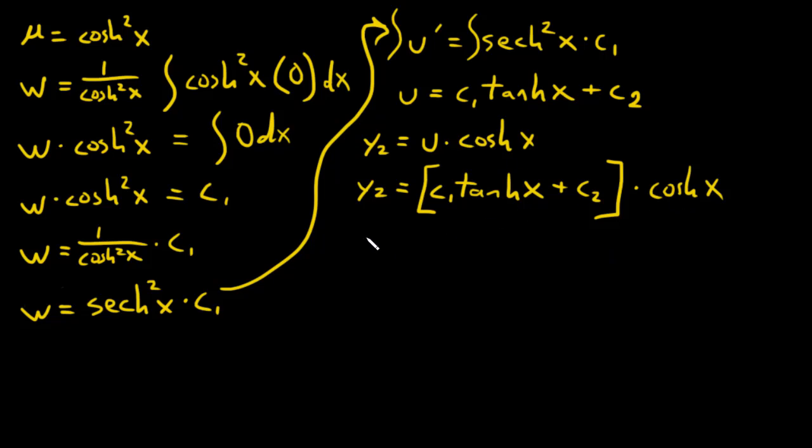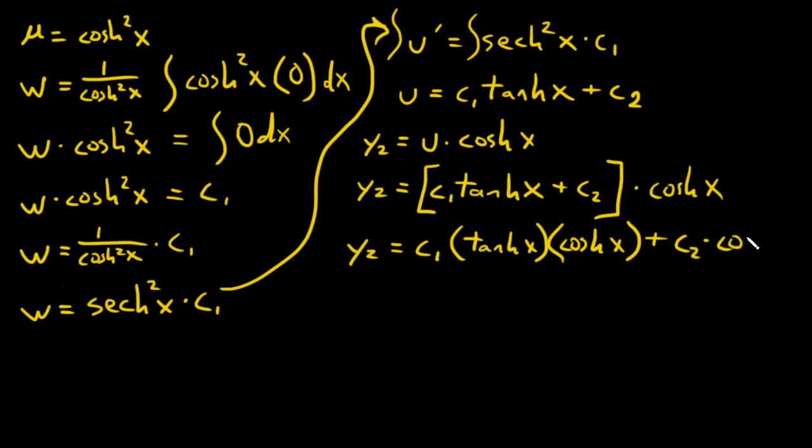Okay? So y2 is going to equal c1 hyperbolic tangent x times hyperbolic cosine x plus c2 times hyperbolic cosine x.